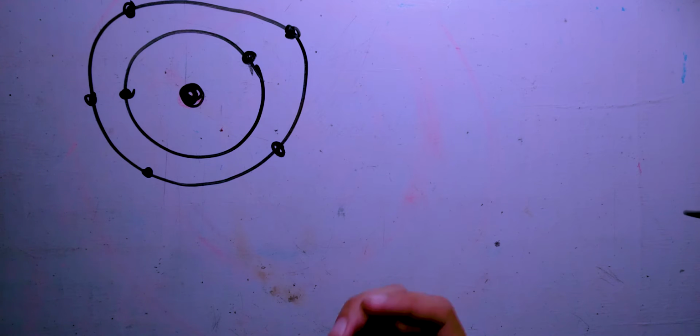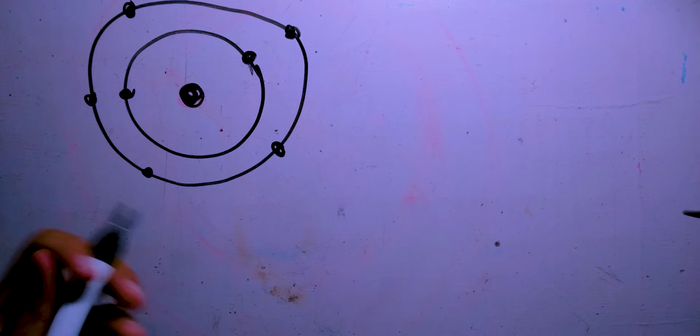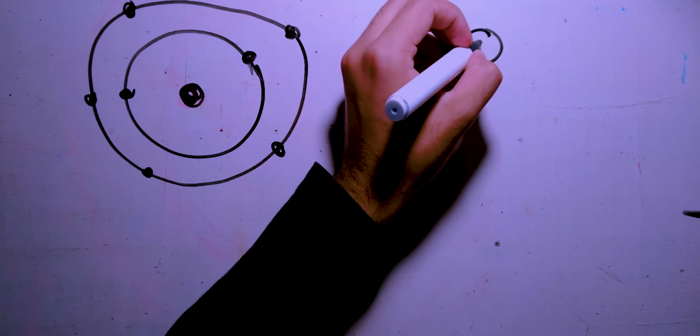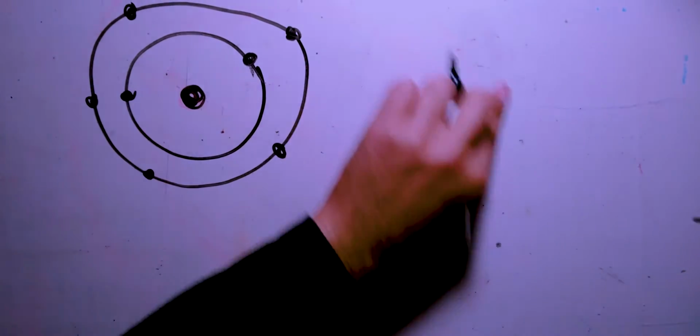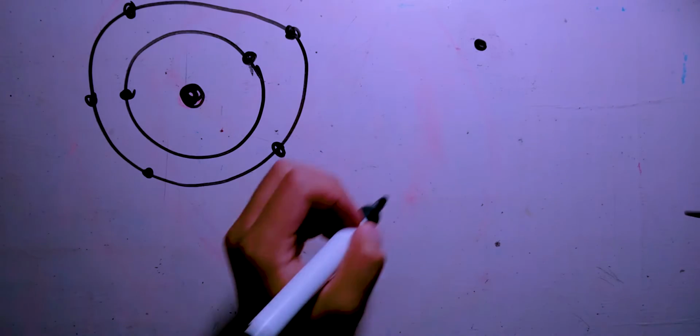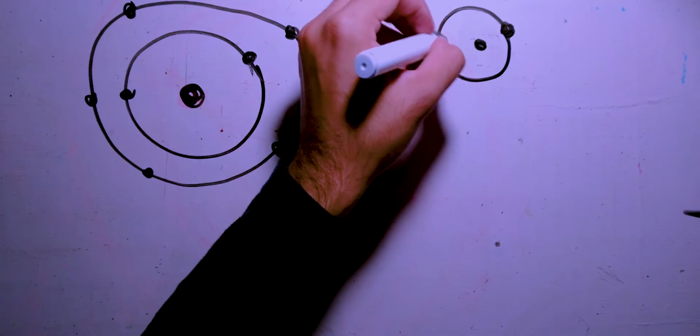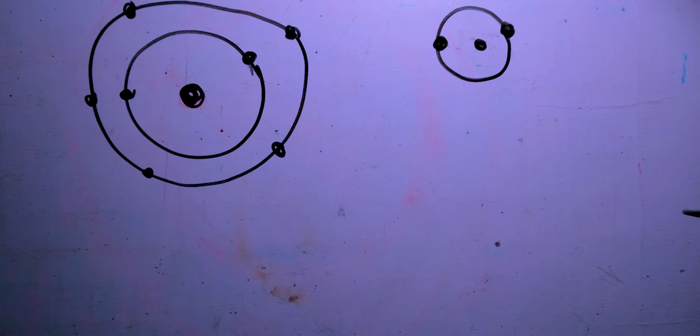Now what scientists observed in those earlier days was that if you have atoms like helium, which has its nucleus in the center and 2 electrons, or some other element like neon, which has 10 electrons in total.